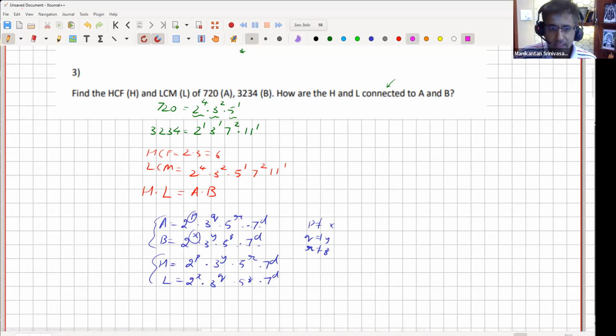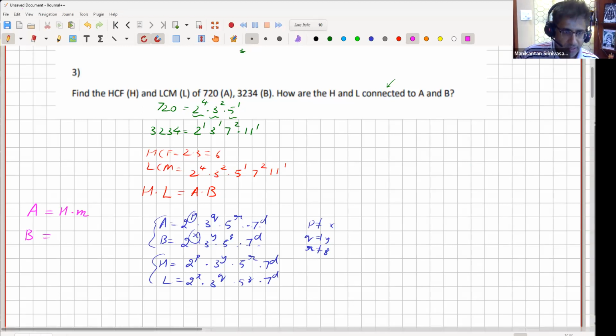Another way to look at the same thing is, let's say A and B. HCF is H. So A is H times some number M, and B is HCF times some number N. HCF is the highest common factor.